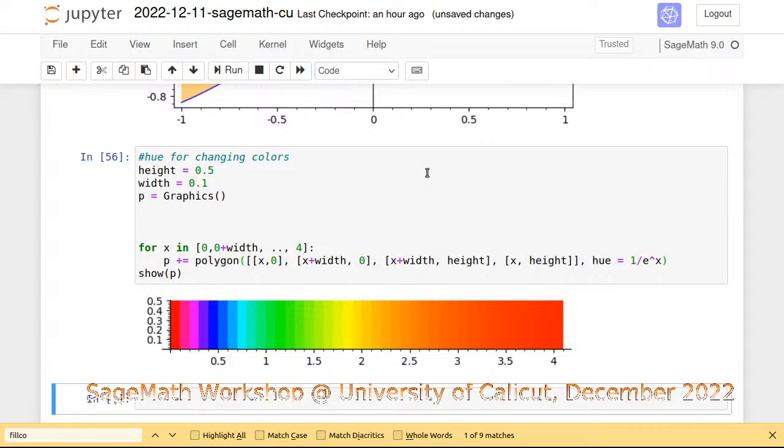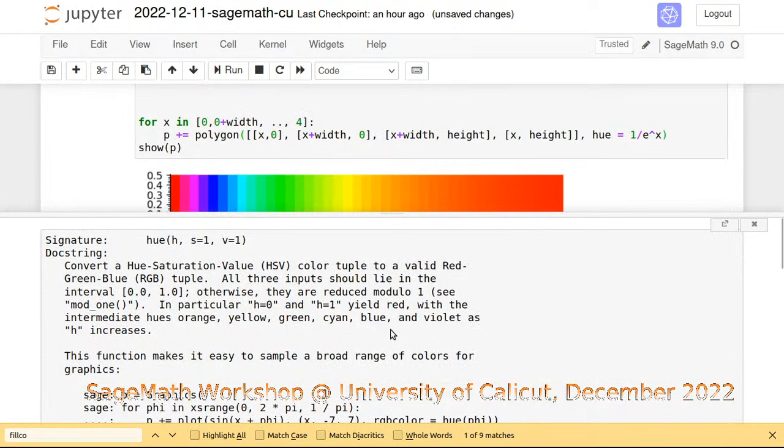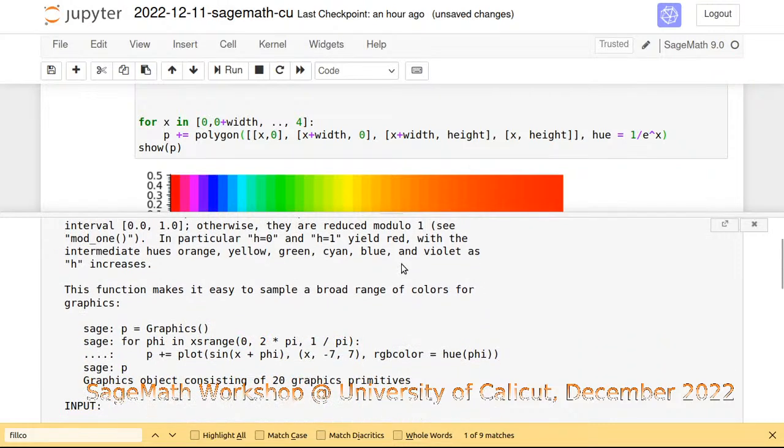It's a kind of hue saturation value, but from where to where it's going, I don't exactly know. Let us try to see some help about hue. Yeah, it's here. Convert a hue saturation value to a valid color. In particular, h is equal to 0, h is equal to 1. Okay, but just by giving h, hue is accepting just one value also.